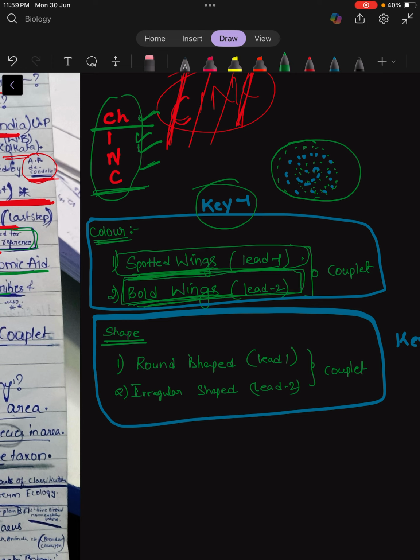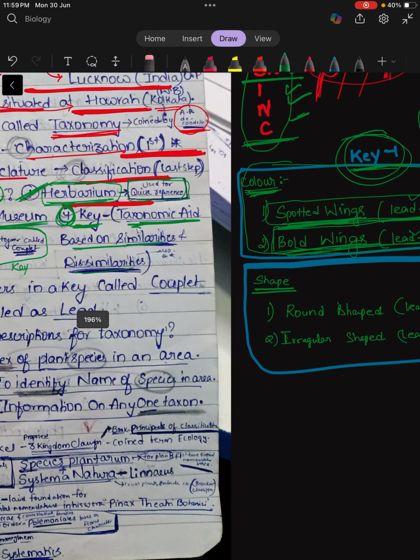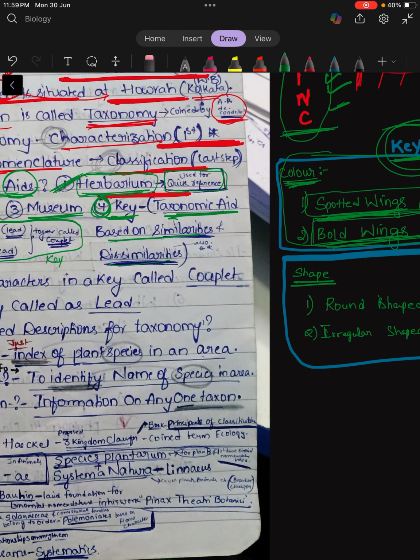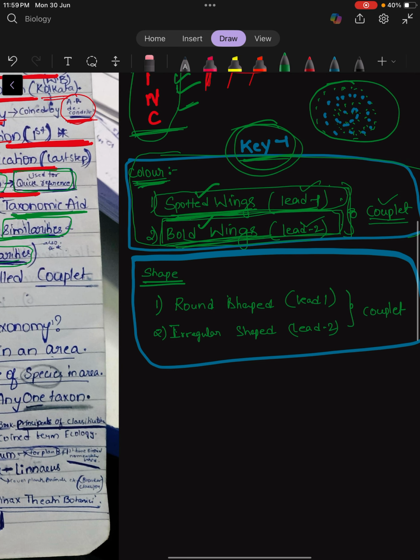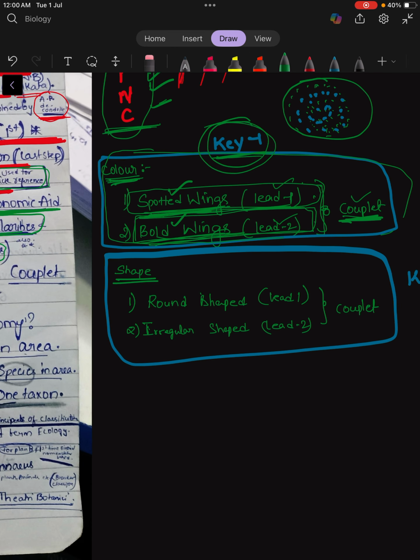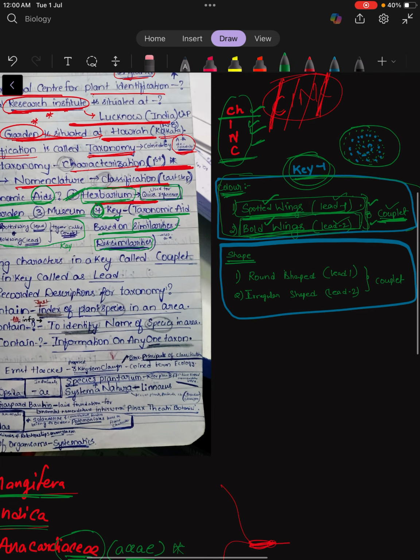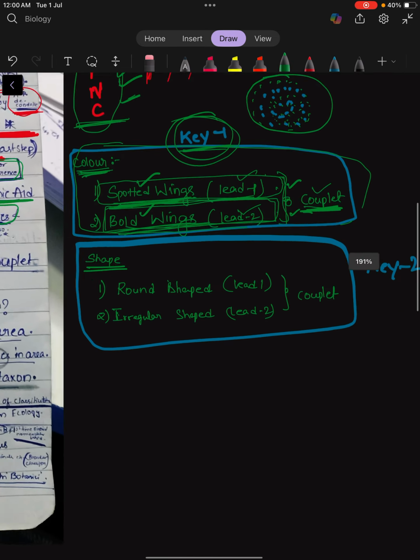These two leads together are called a couplet, and all together this is called a key. So a key contains leads and couplets. A couplet means a set of leads. We will see more about couplet and lead.